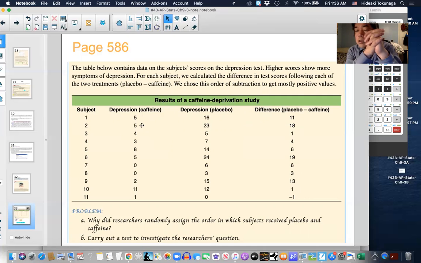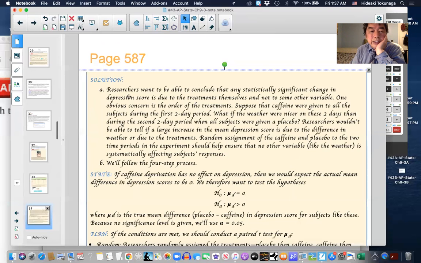What if the first period was a sunny day for everybody, and the second period was a raining day? It might have a different effect on the experiment. That's why. If you can pause the video and read through, they're talking about a similar thing. So they try to avoid conflict in the variables here.